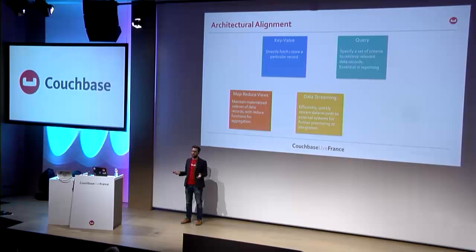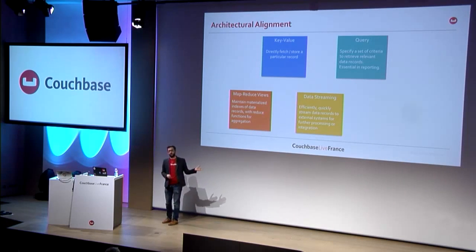The second one, show me all of the user profiles for users who live in London. I've created that index. I can send the query, select star from users where user location is London, for instance. So essential in reporting. My colleague Francois will talk a bit more about building reporting environments with Couchbase later on.